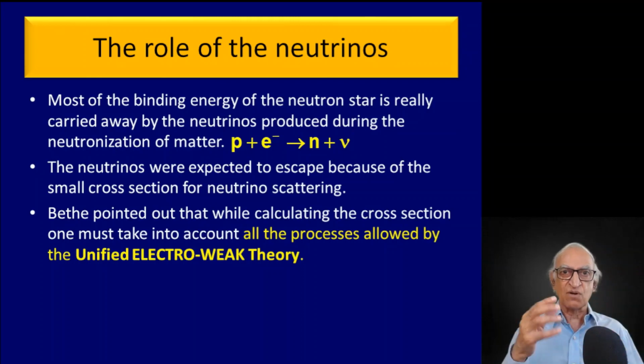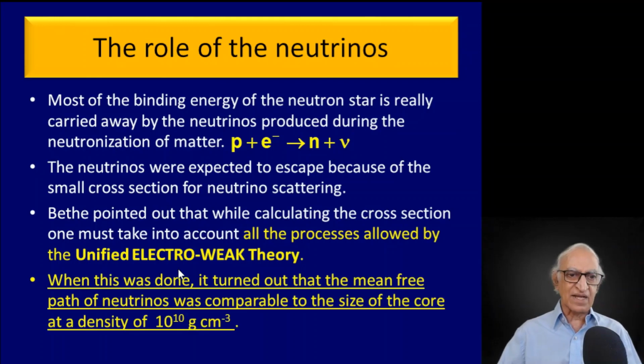I shall say more about this when we discuss cosmology. But for now, please remember that there is such a thing as a unified description of electromagnetism and weak interaction, and Hans Bethe pointed out that you must calculate the neutrino cross-section according to this theory.